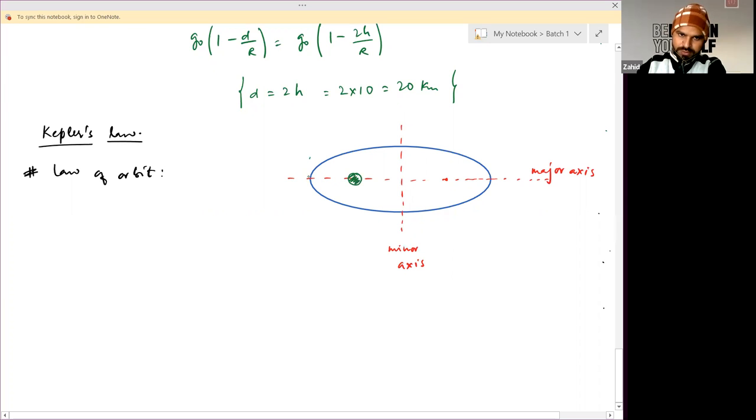At this point, the planet will be closest to the sun, so it is called perihelion. And at this point, the planet will be farthest from the sun, so this point is called aphelion.